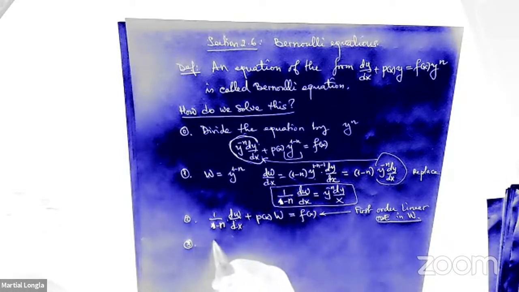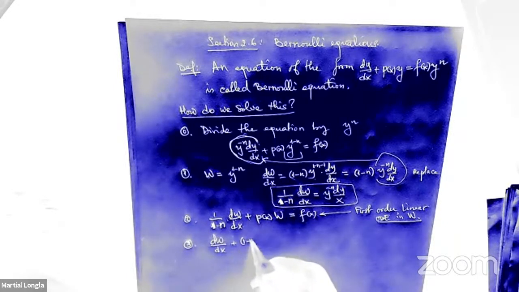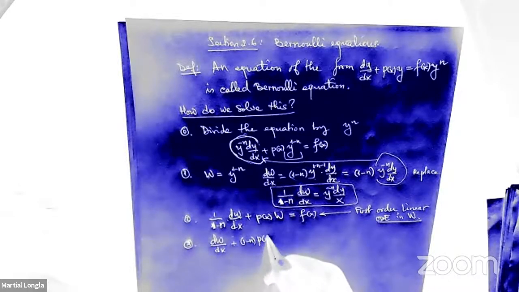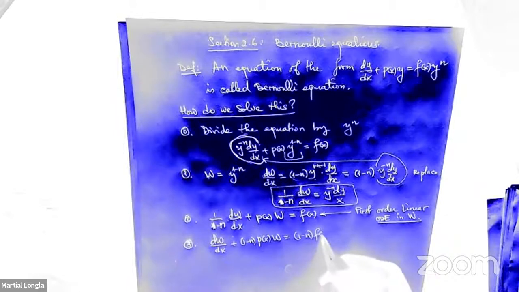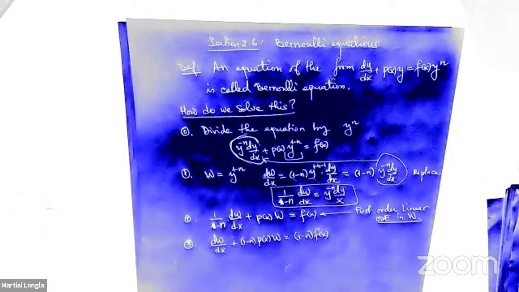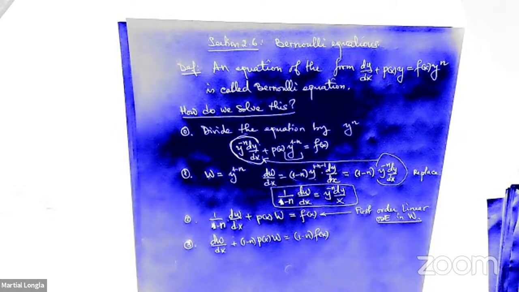So here, we are going to make this first thing 1. And so the 1 minus n is going to go over here: dw over dx plus 1 minus n times p of x times w equals 1 minus n times f of x. Notice that I'm doing this without even knowing what f of x or p of x is, so the method works no matter what equation you have.